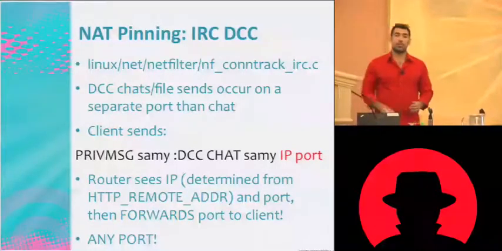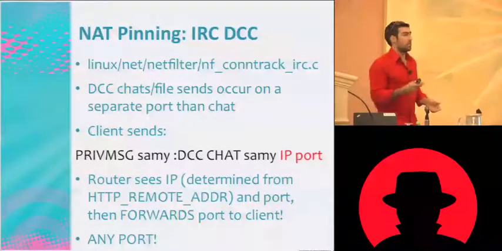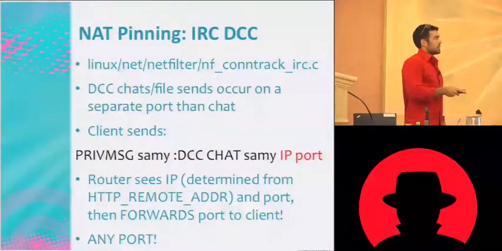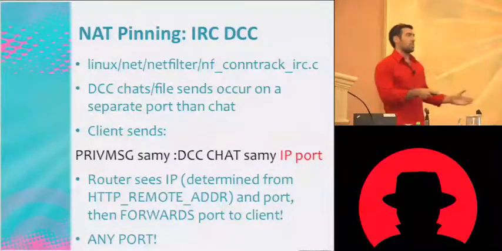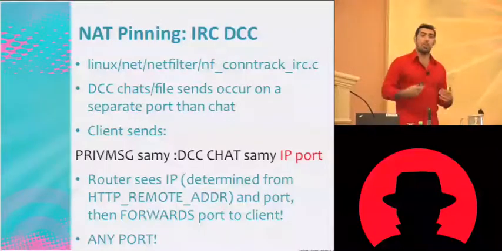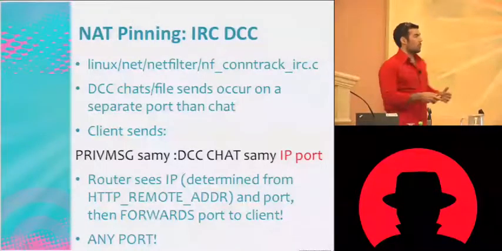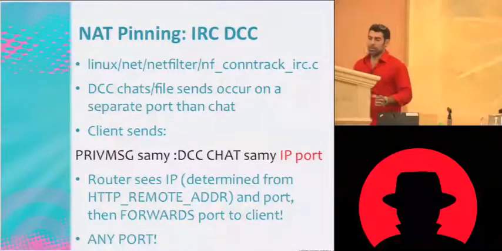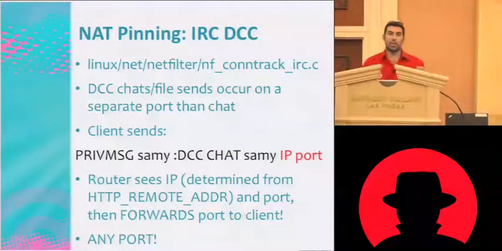There's connection tracking for other protocols as well, FTP, SIP, and so forth. Now, when the router sees this message, private message, I want to DCC chat this person and I want them to connect back on this port, it will open that port. So the router opens that port and sends it back to the client.